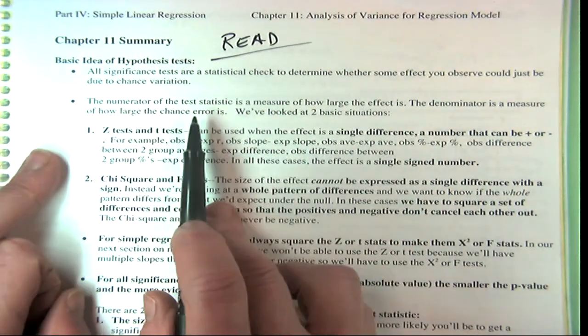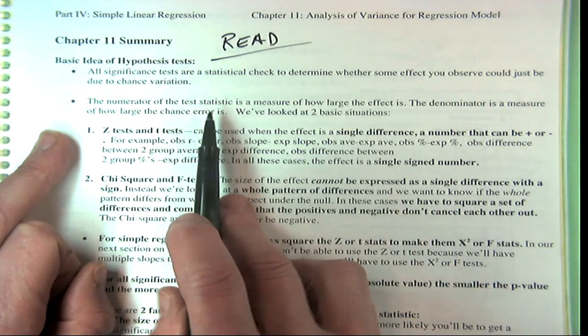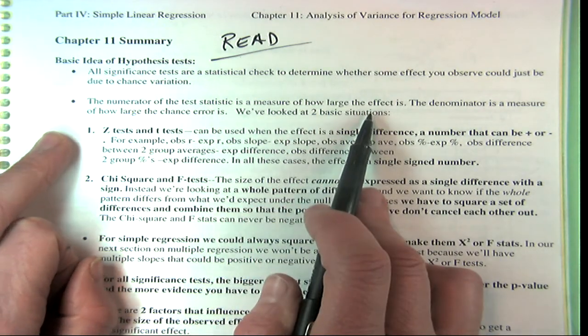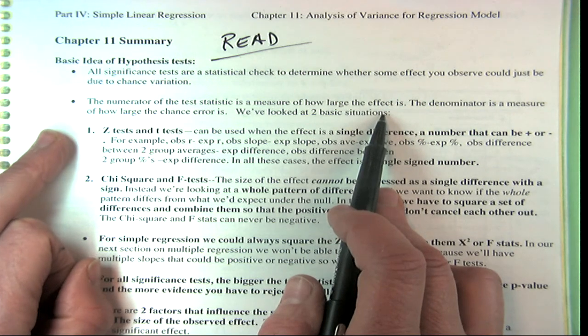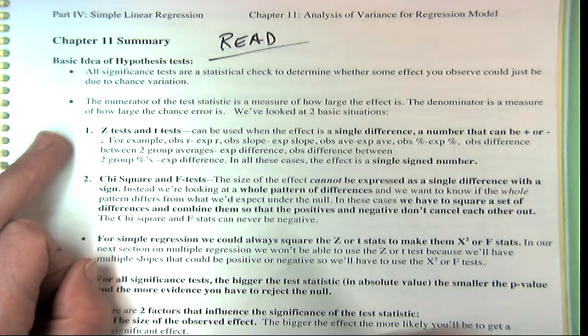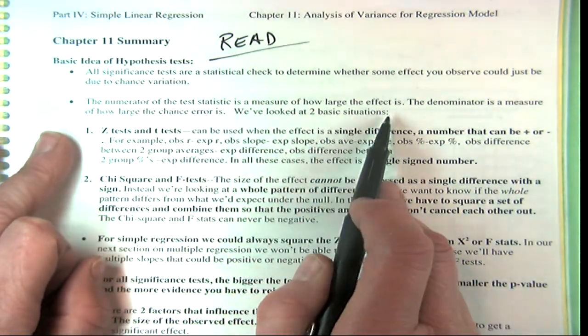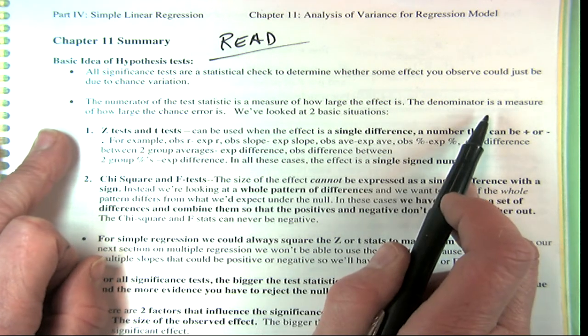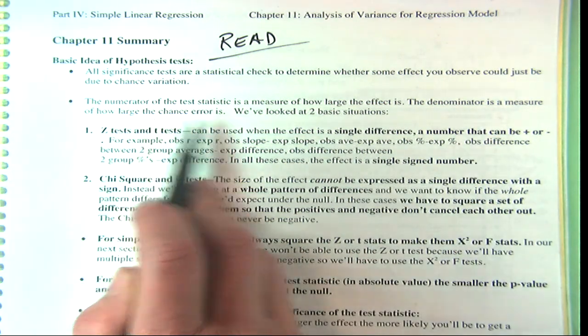That's what we talked about. And usually the numerator of the test statistic is a measure of how large the effect is, the strength of your model, right? And the denominator is a measure of how large the chance error is.